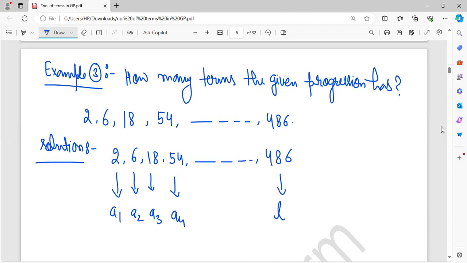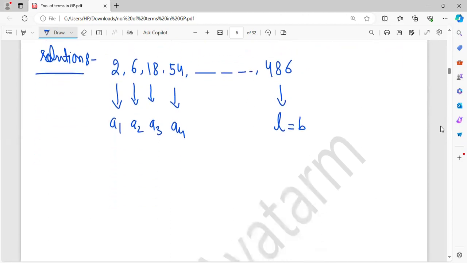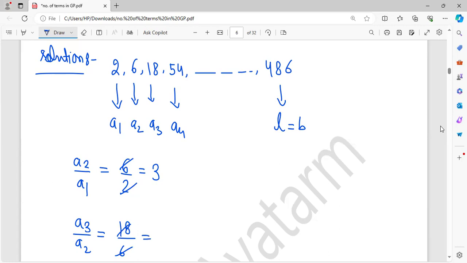And this is the last term, that is my B. So what is A2 upon A1? 6 upon 2, that is 3. What is A3 upon A2? A3 is 18, A2 is 6. This is also 3.